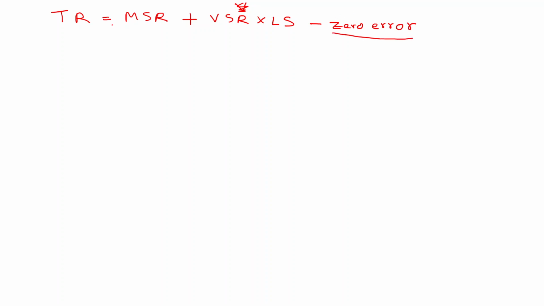How we measure using a vernier caliper is that the total reading we get is the main scale reading plus the vernier scale reading into the least count, minus the zero error reading. So we need to know what the zero error is to get the correct value of our total reading.